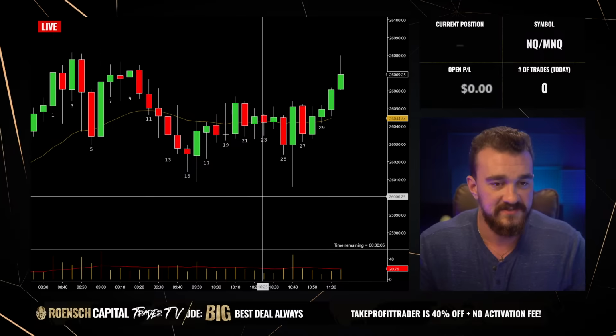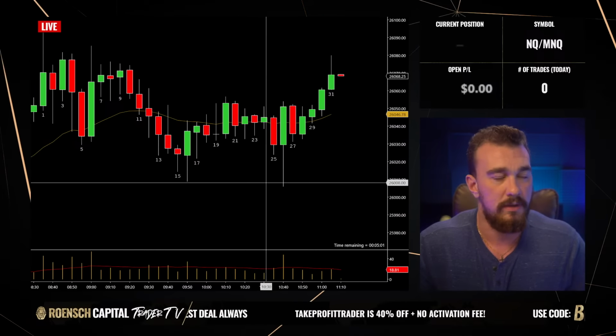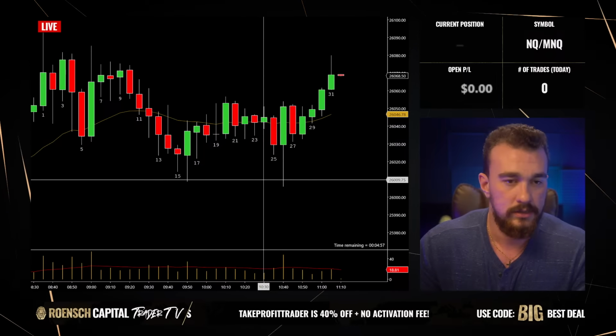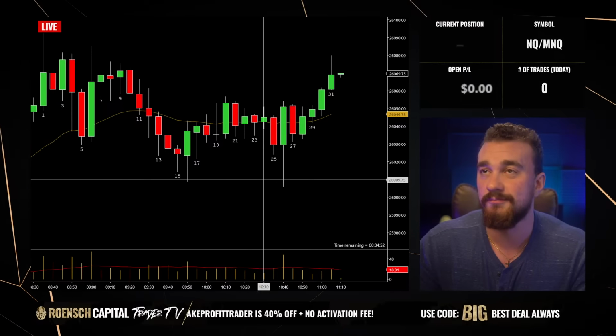That wick is very insecure there out of the bulls. That wick is about, what, maybe 3/5 the size of that full bar. That is bull insecurity. That's a damn shame. Let's watch 32.